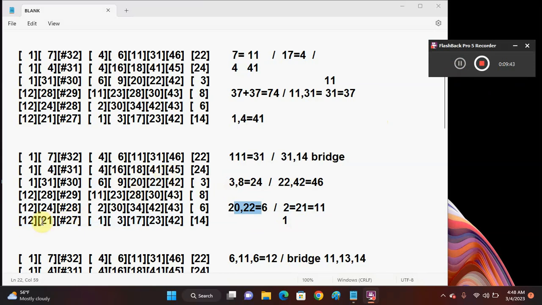Now these numbers here, I've already mentioned that they could play themselves out. In other words, this 21 and this 12 could play itself out, because notice how you do have a 1 there, right? And so all you need to play this out is to form a 2 right there. Now that could either be 12 or 21. Now, if it's 12, it's equal to 6 plus 6, right?